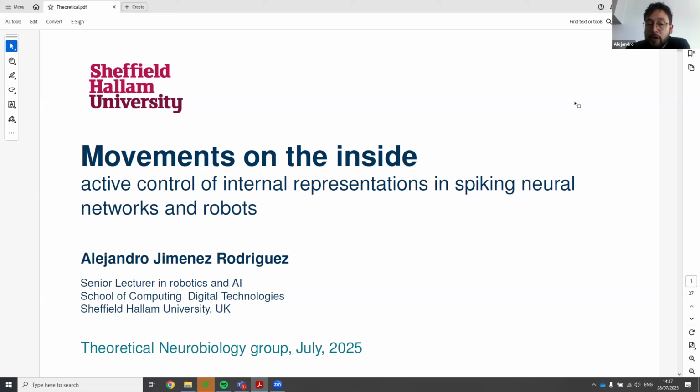So we started wondering how we can use population coding approaches, and in particular, we are very interested in persistent representations in spiking neural networks. And the question is, how do we control them and make them do something useful, at least in the field of robotics?